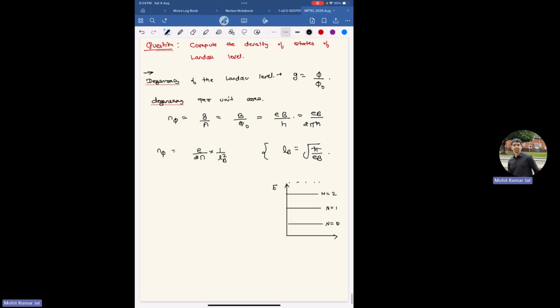The only available states are where these Landau levels are, other states are not allowed. In that case, it will be a Dirac delta function, right? So the levels are delta functions at energies En.